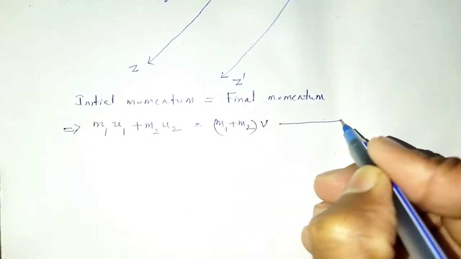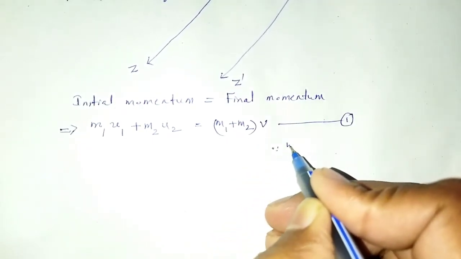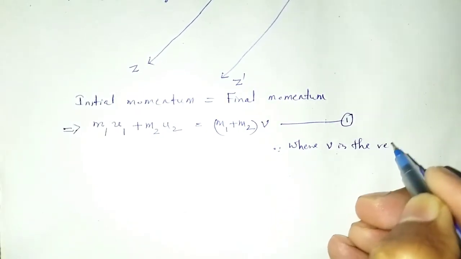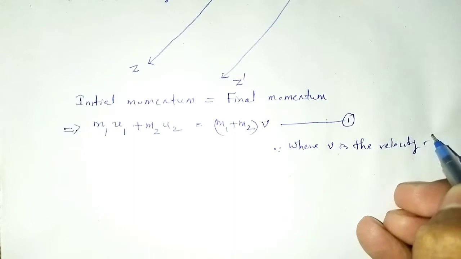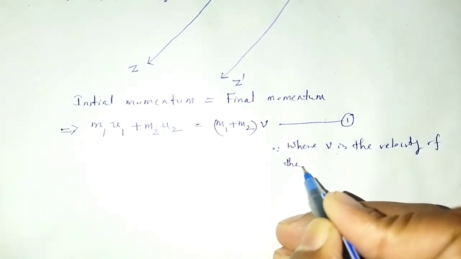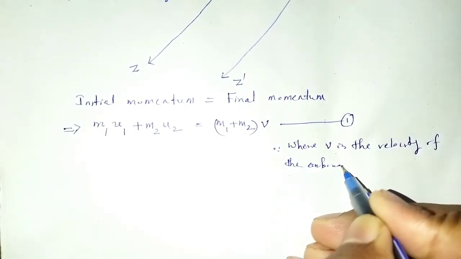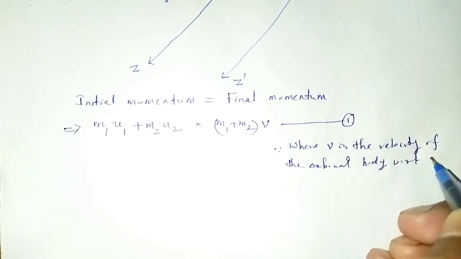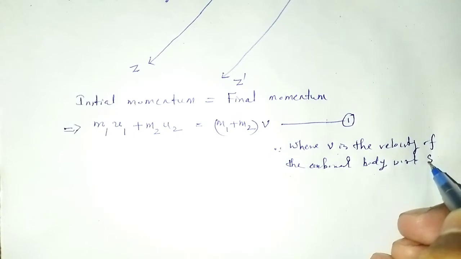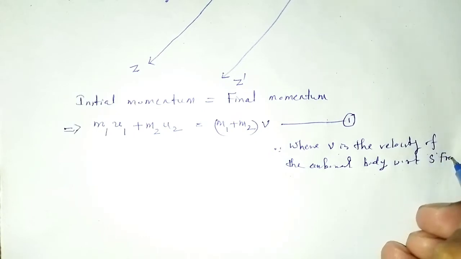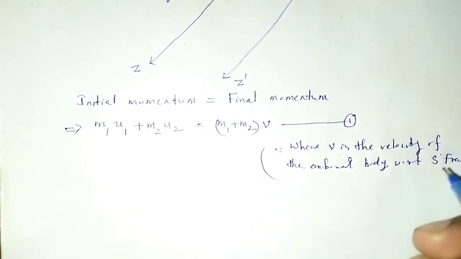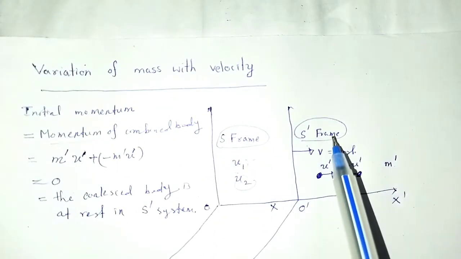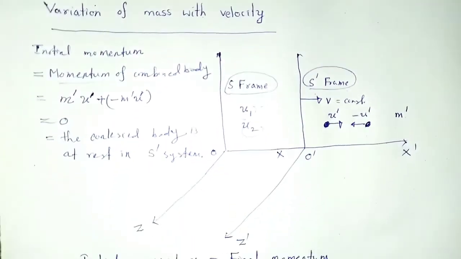What is v? Here v is the velocity of the combined body with respect to the S frame, as we take v as the velocity of the S' frame with respect to the S frame.